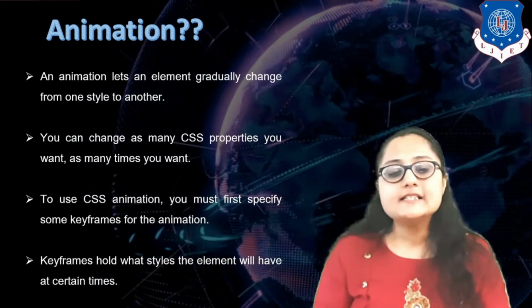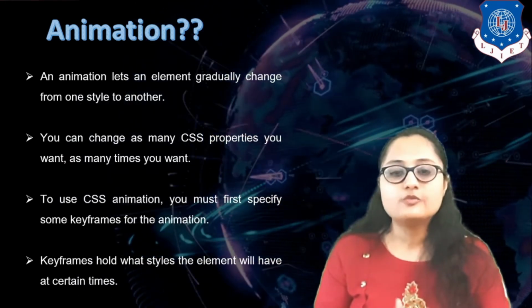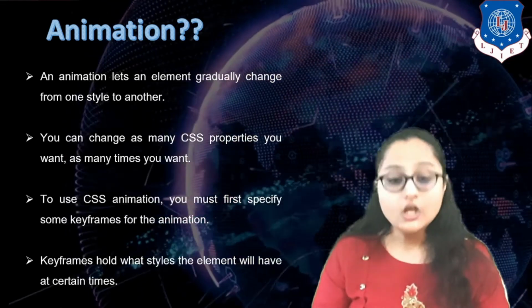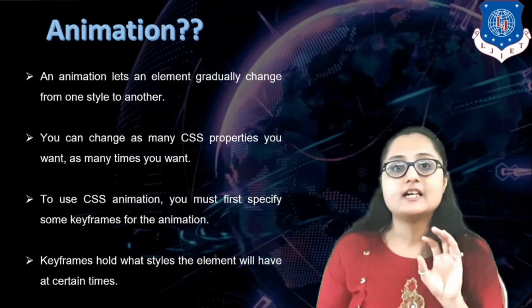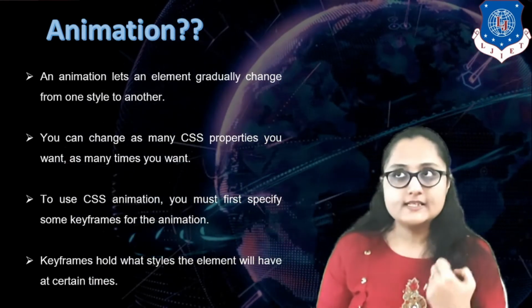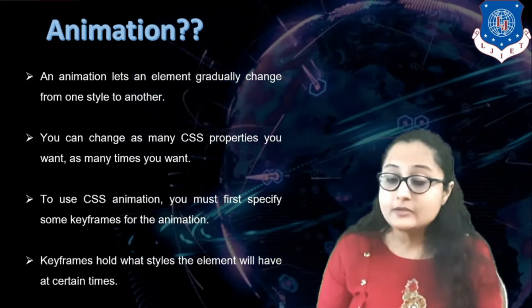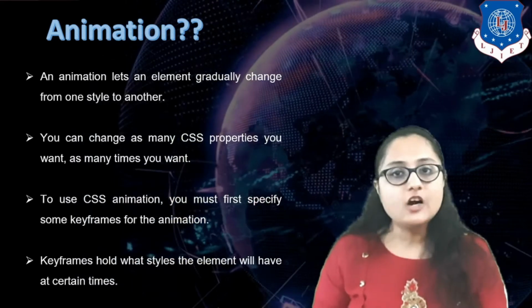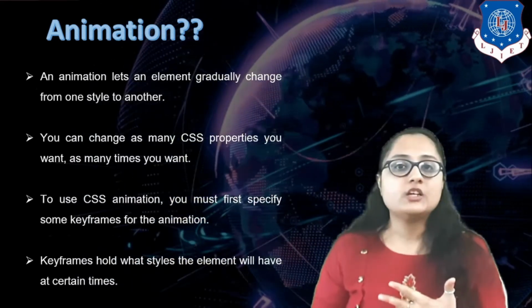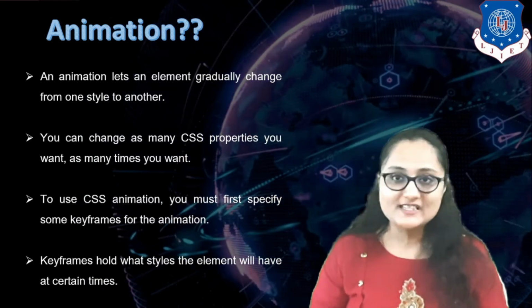Now for using CSS animation, the first thing that you need to understand is, what do you mean by keyframe? You must first specify some keyframes, which are certain rules, or you can say certain styles that you have to specify for a particular element at a certain time or duration. So we will see now what a keyframe is, how we can create a keyframe, and how we can apply animation using CSS.